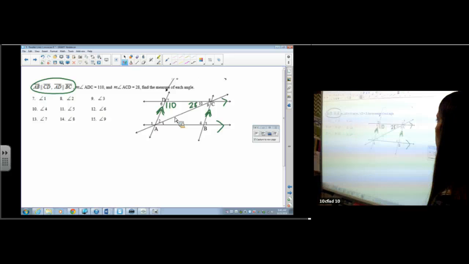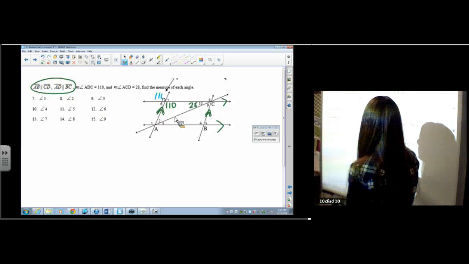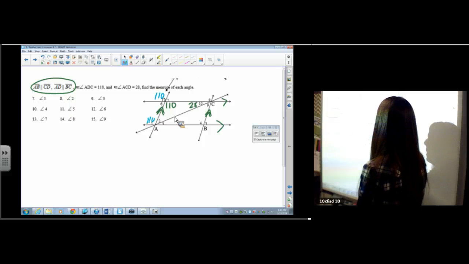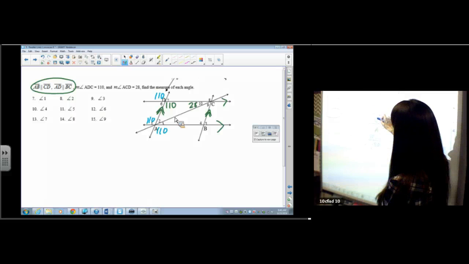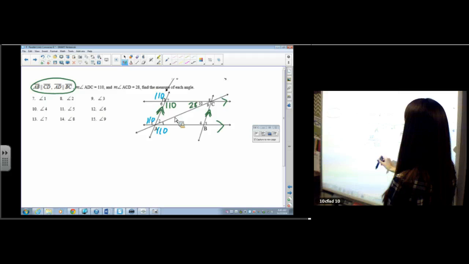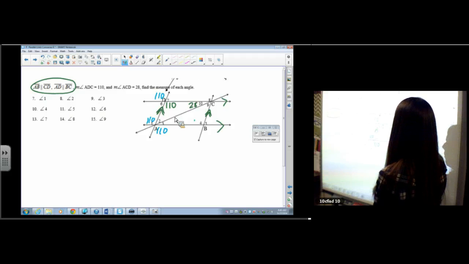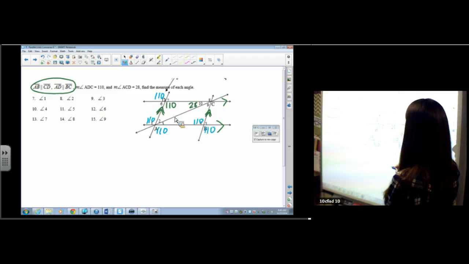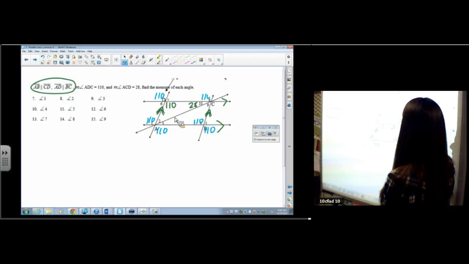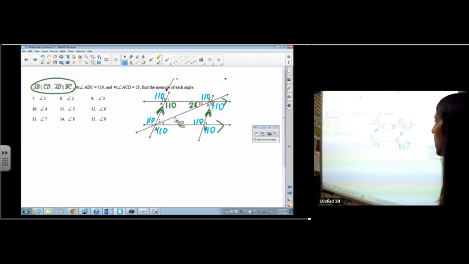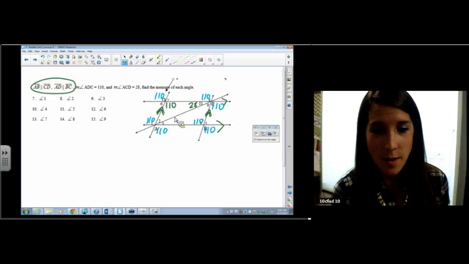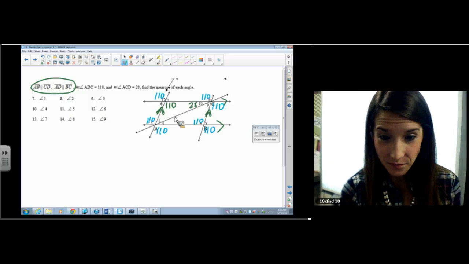I would fill them all in. Okay, 110, 110, 110, 110. Because these are corresponding and these are corresponding. Then jump over here. 110 and then vertical angles 110. And then angle 8, 110, and then that angle 110. So now I filled in every angle in the picture that's 110.